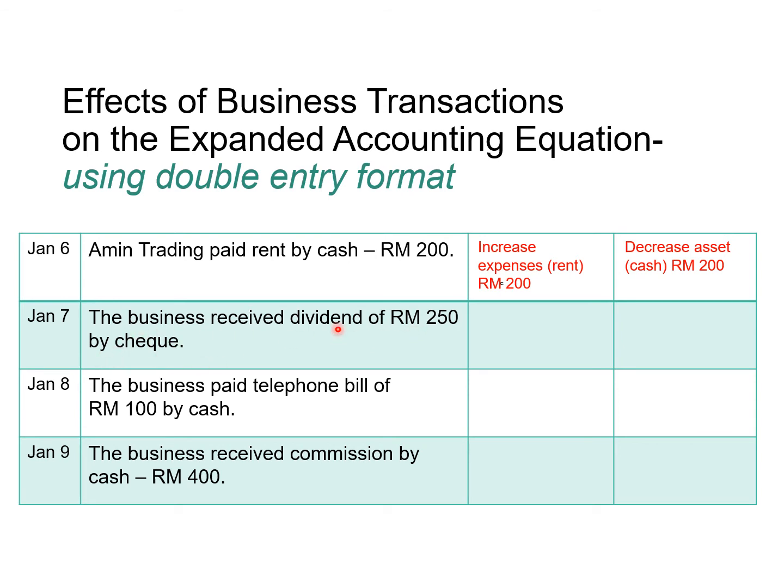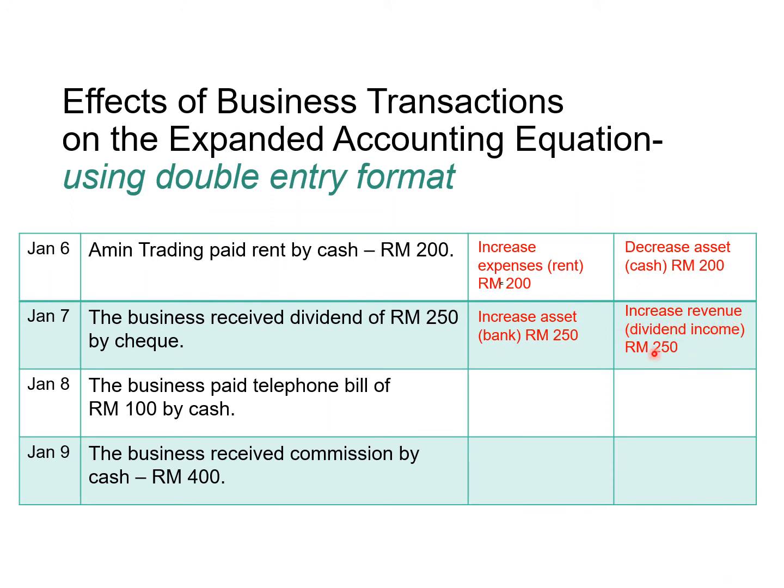So, macam mana impact yang pertama? Kita akan increasekan asset which is bank sebab kita terima dividen tu melalui cek. Okay, so increase asset lah, duit masuk dalam bank. Another impact adalah increase revenue.